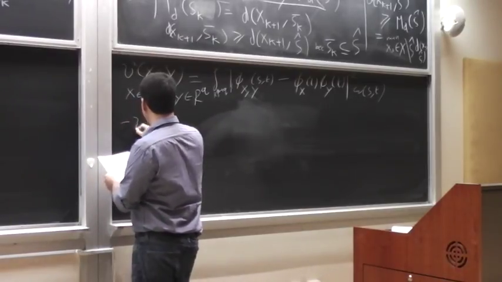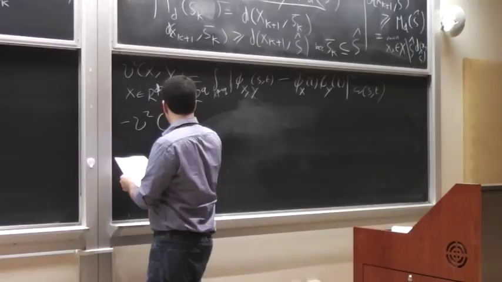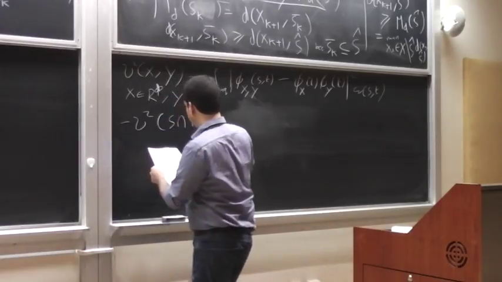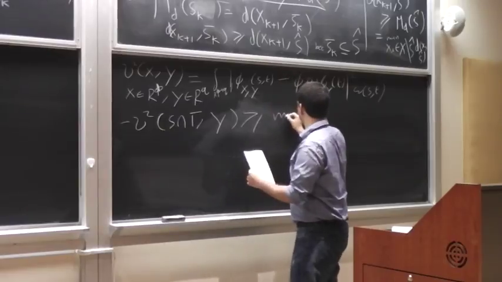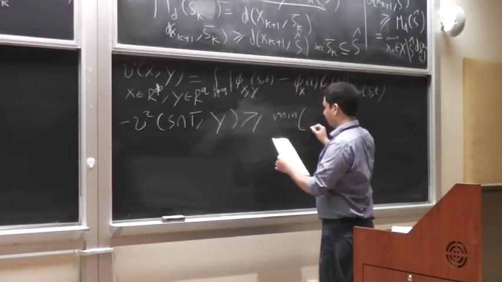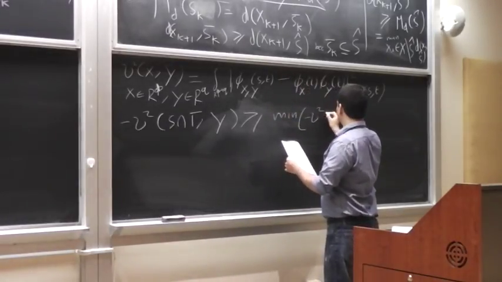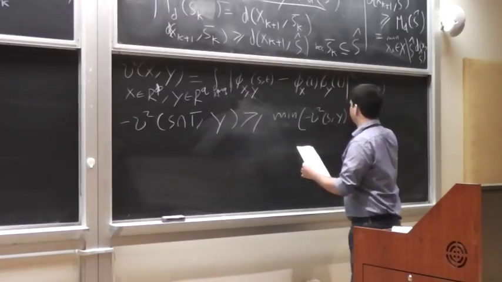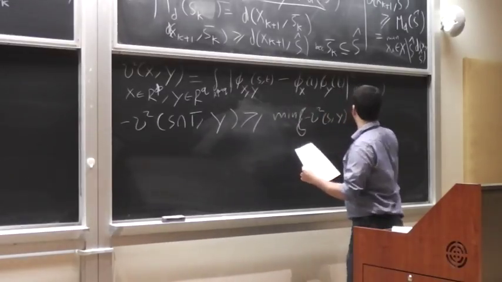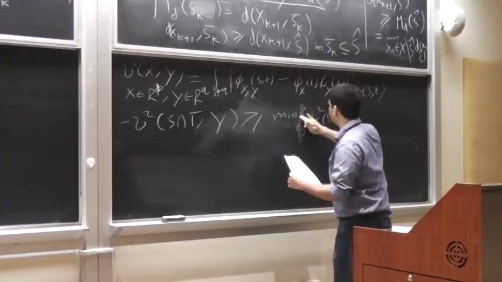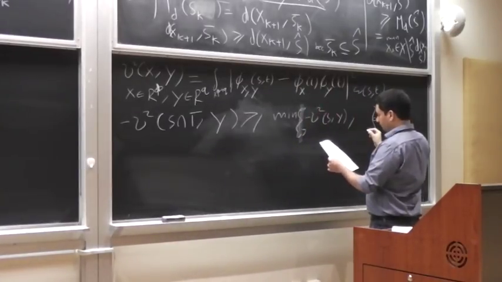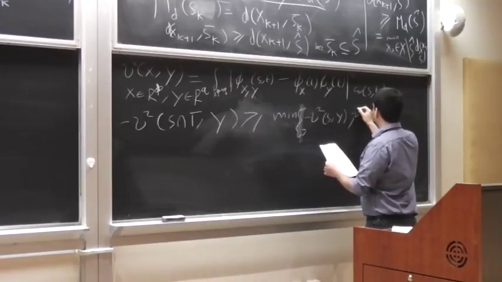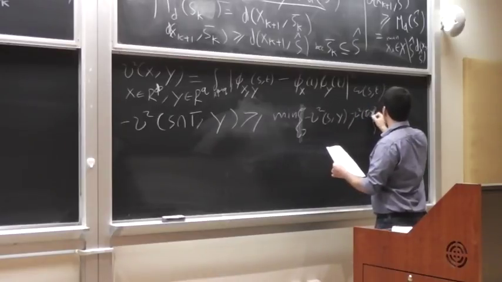We prove that the negative distance covariance of S intersection T, comma Y, is greater than or equal to the minimum of the negative distance covariance of S comma Y, and the negative distance covariance of T comma Y.